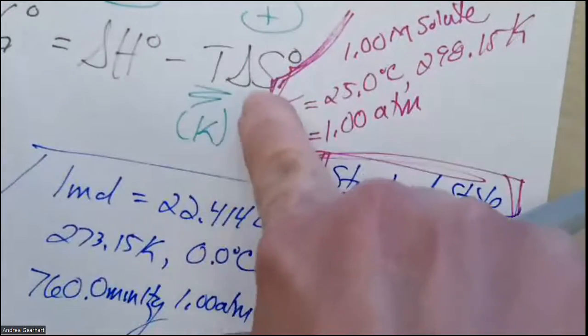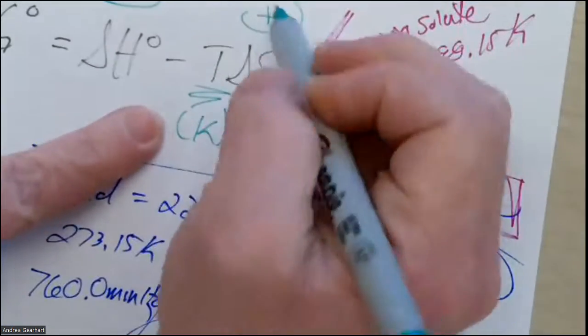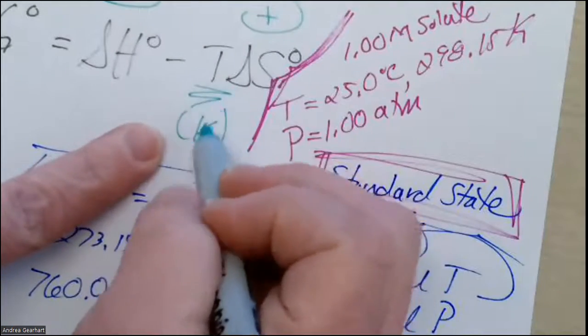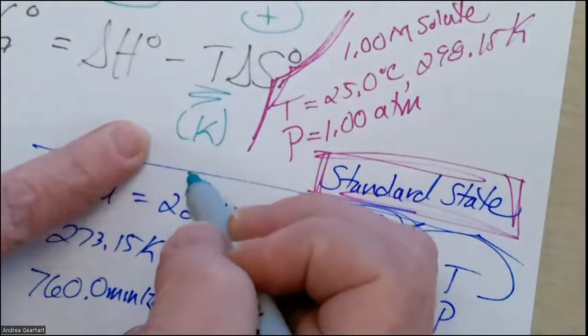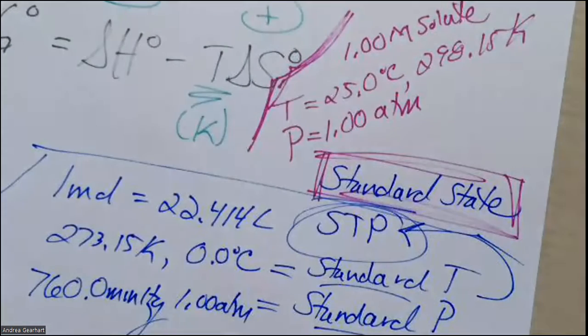This will always be a positive term if the entropy change is positive, because your temperature is always going to be positive. But we don't always have the entropy change as positive.